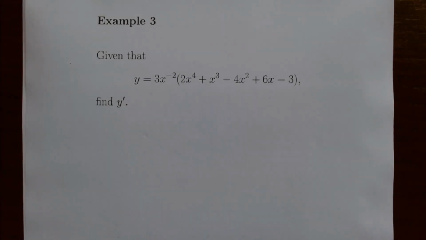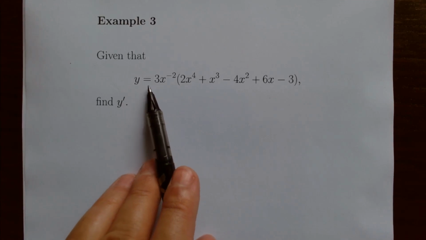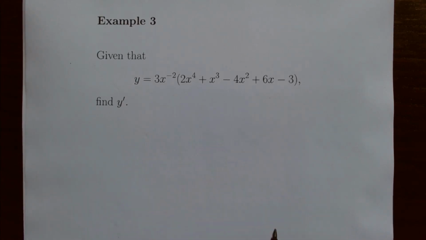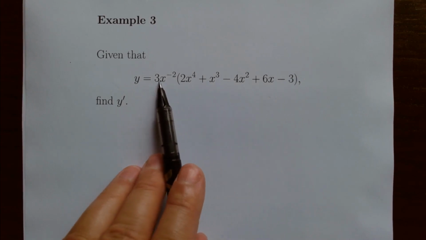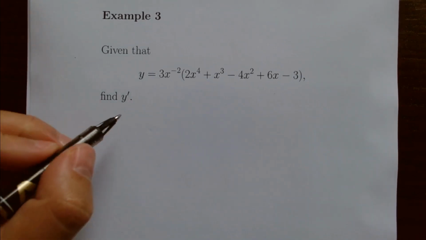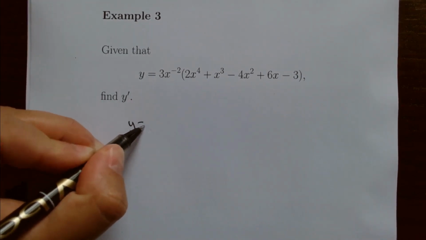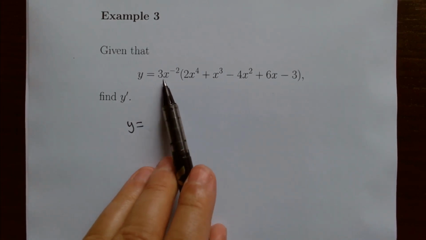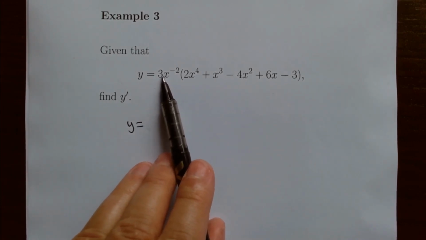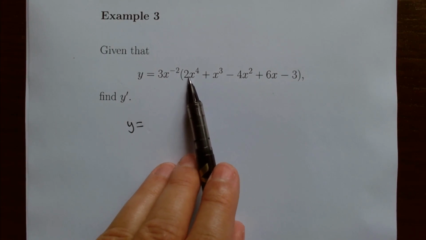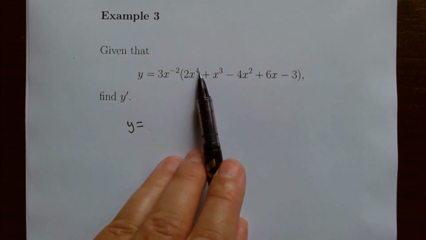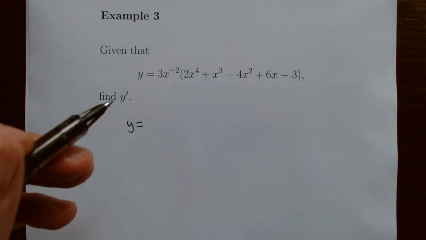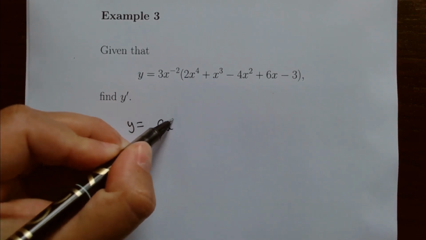Okay, example number 3. We're given this function that we need to differentiate. And we can see some brackets. So the first thing we need to do is to expand the brackets. Okay, so 3x to the minus 2 times 2x to the 4. That gives you 6, and here we add the indices, that gives you 2. So that's 6x squared.